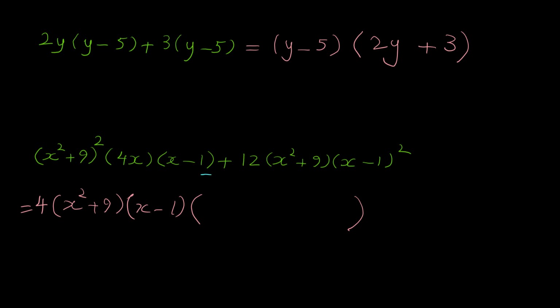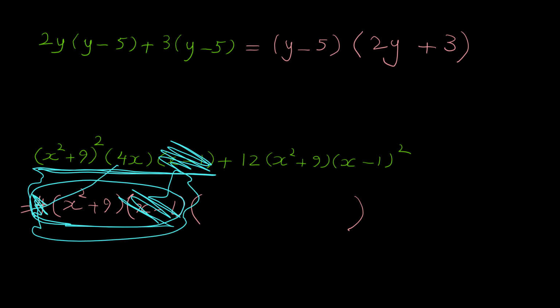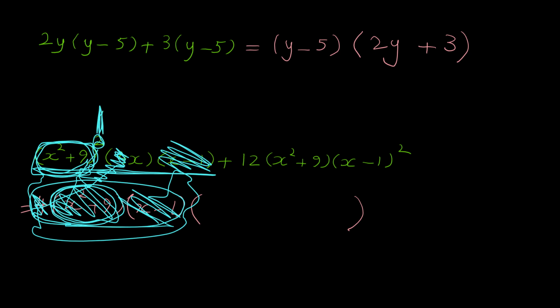If we divide this term by this, what happens? x minus 1 with x minus 1 cancels. 4 with 4 cancels. One of these x to the 2 plus 9 cancels with one x to the 2 plus 9. So this goes away with one of these, so the power would be 1.